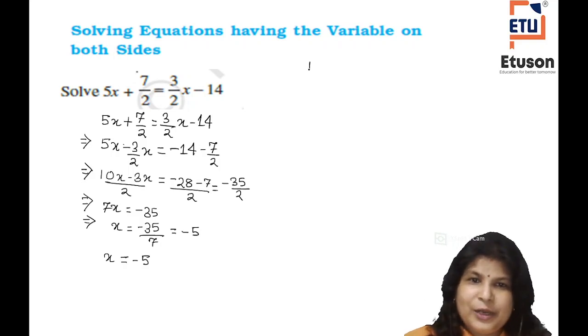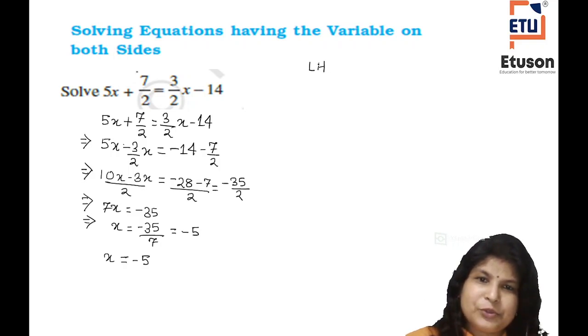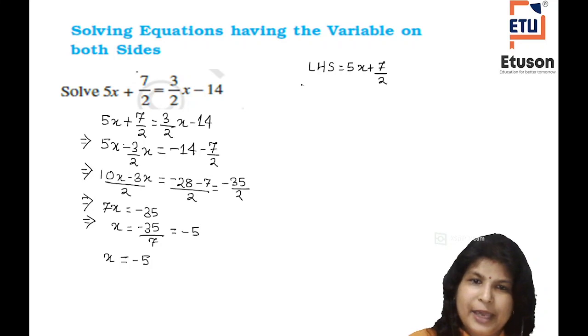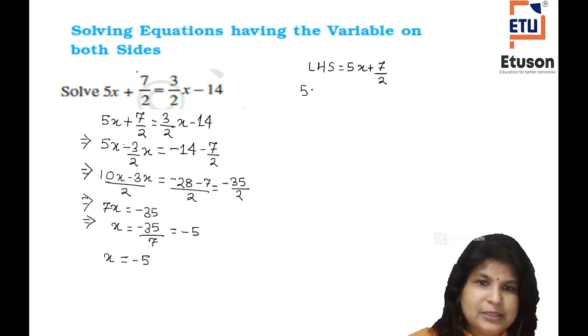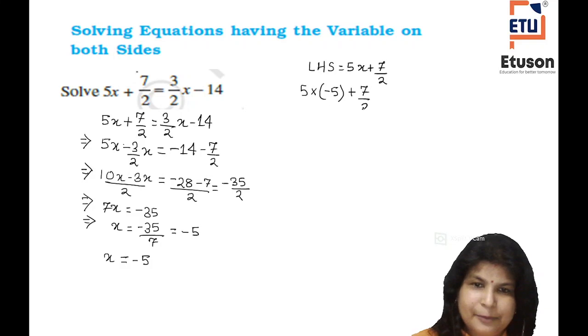What is there in your left hand side? In your left hand side you have 5x plus 7 by 2. In place of x I will put minus 5. It's very simple. So 5 into minus 5 plus 7 divided by 2. What is 5 into 5? That is 25, and you have a minus sign.